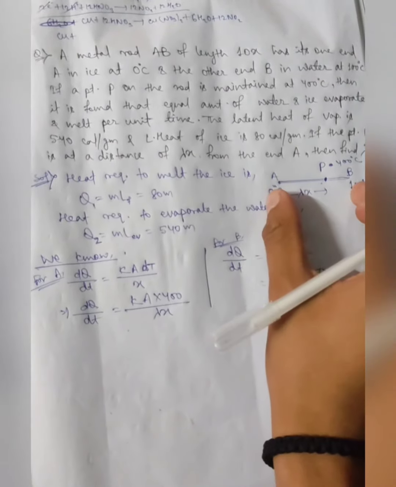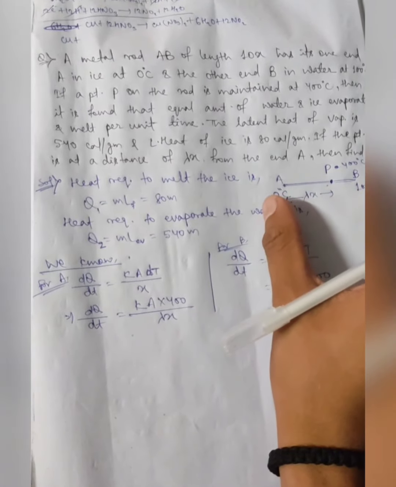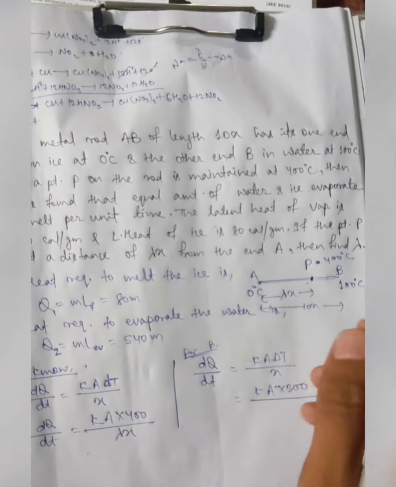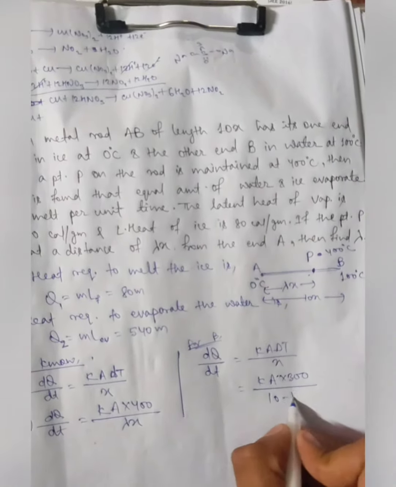upon the total distance of 10x. Okay, so the total distance is 10x, so it is nothing but 10 minus lambda x.